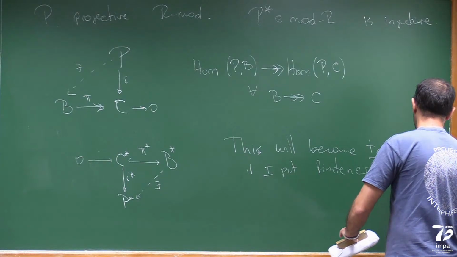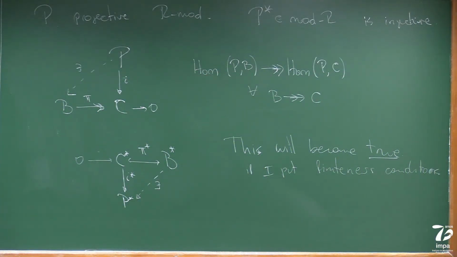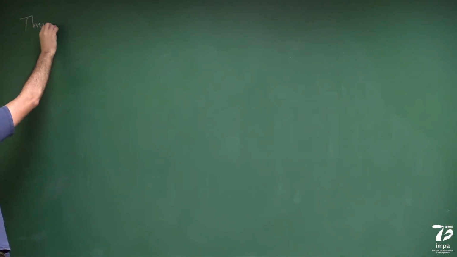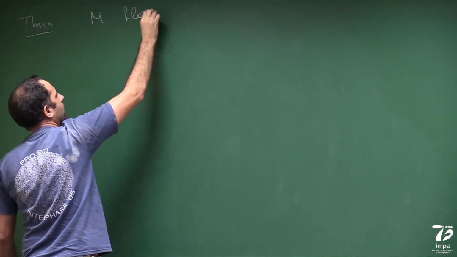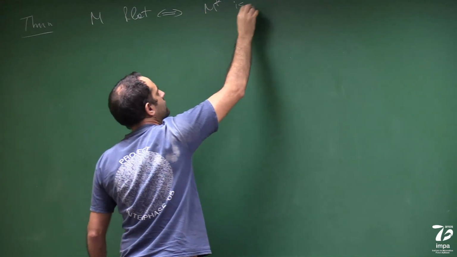But let's prove something more general. Let's prove that the dual of a flat module is injective. This is stronger than just proving it for a projective. So, theorem: M is flat if and only if M dual is injective.